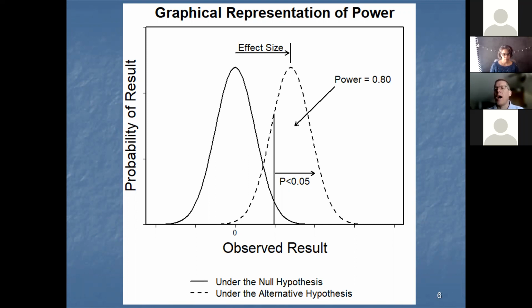So for example, one that we commonly use is the significance level, the alpha, the type 1 error. And if you recall the way that that's defined, and I'll have a refresher here in a little bit, it is the probability of rejecting the null when the null is true.